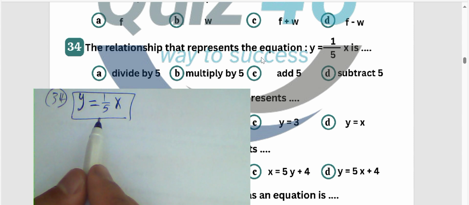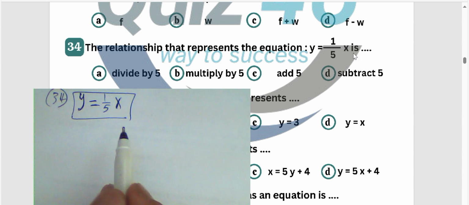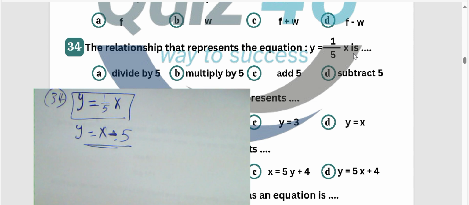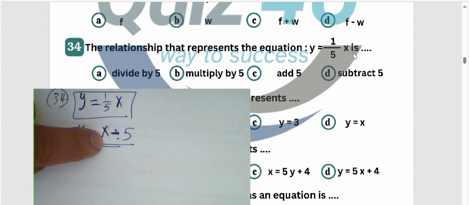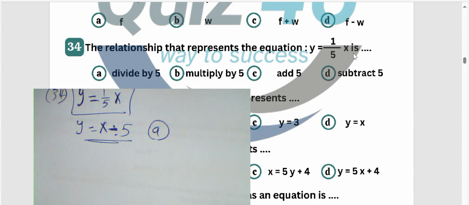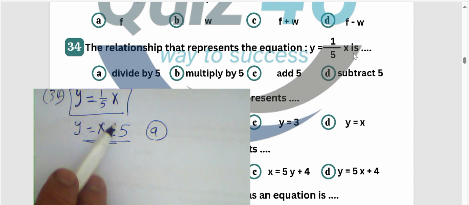The relation that represents the equation y equals x over 5 means y equals x divided by 5. Then we must use divide by. It means divided by 5. Okay, choose letter E. Understood? x over 5 means x divided by 5.